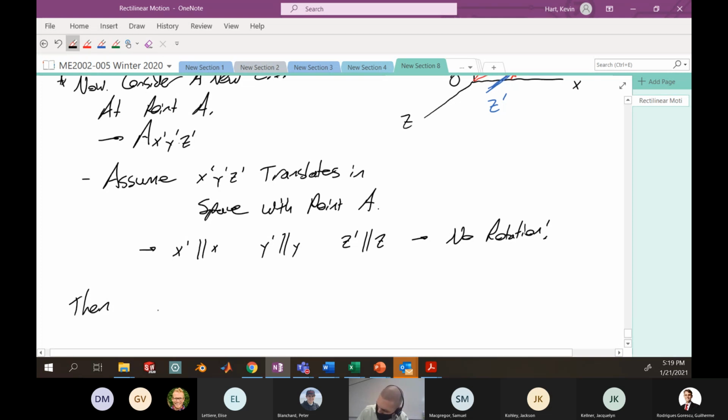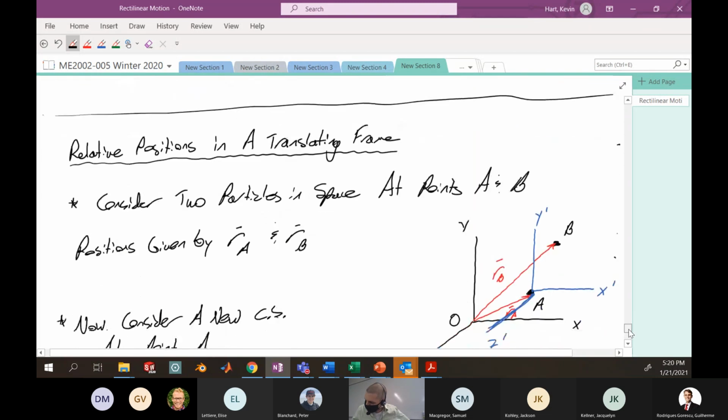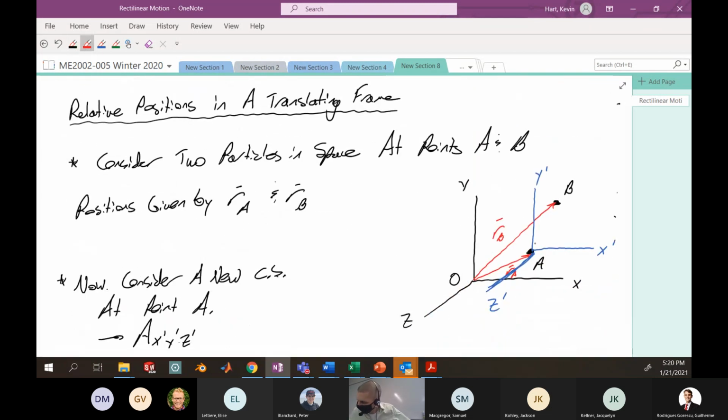We want to end up with the final position of B, which is the position of A, whatever it takes to get to point A, plus the position vector of B relative to A in this X prime, Y prime, Z prime coordinate system.